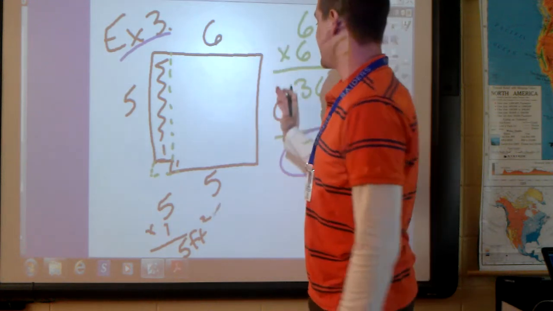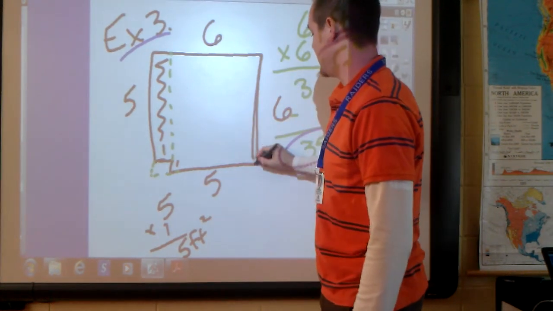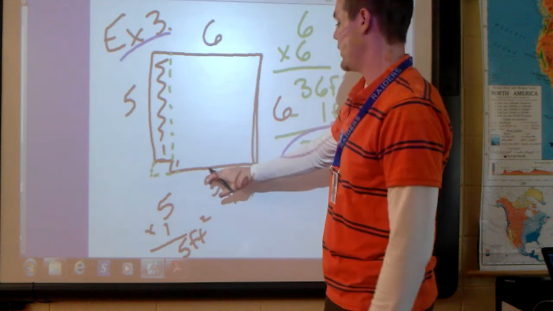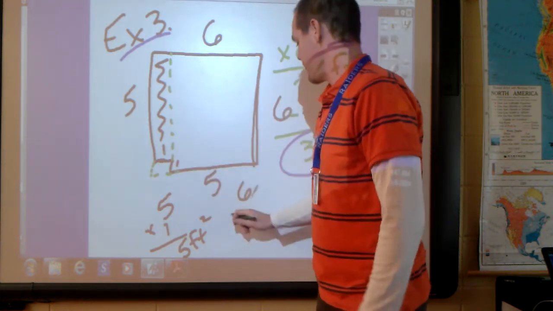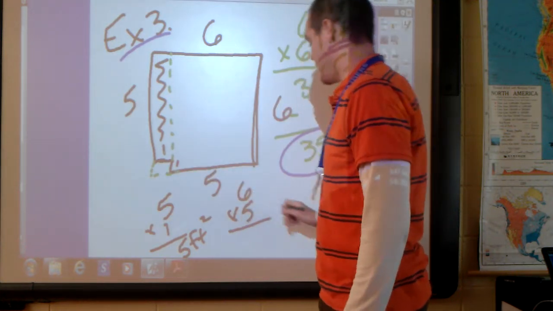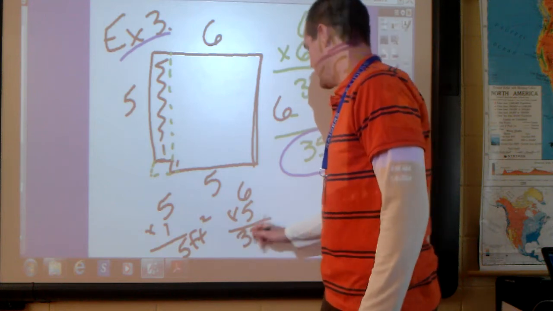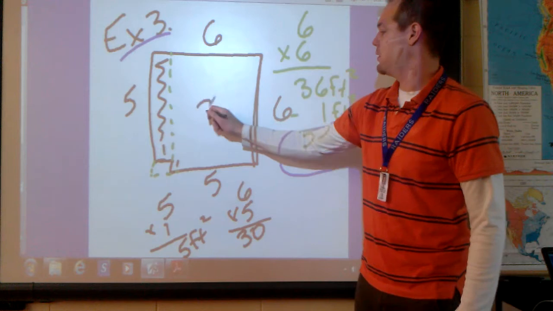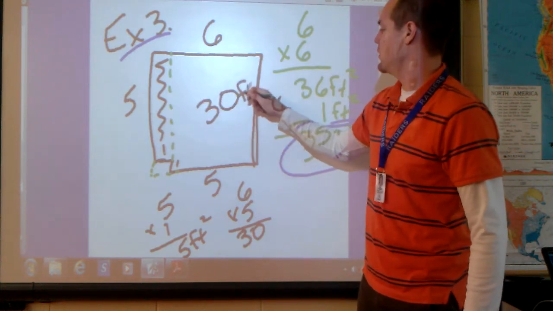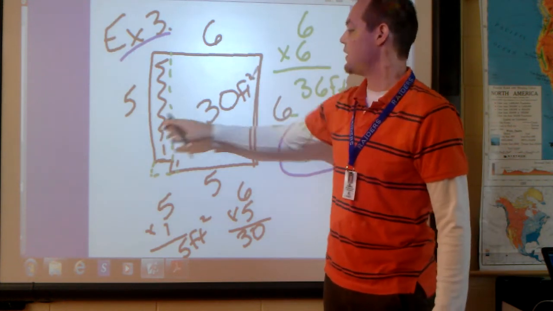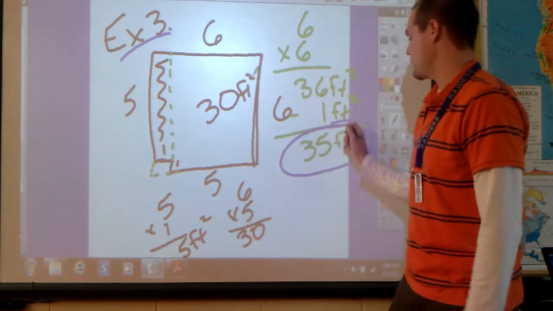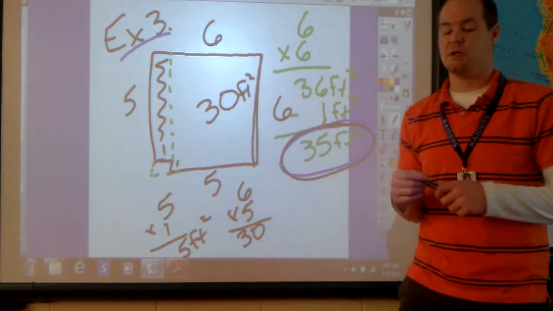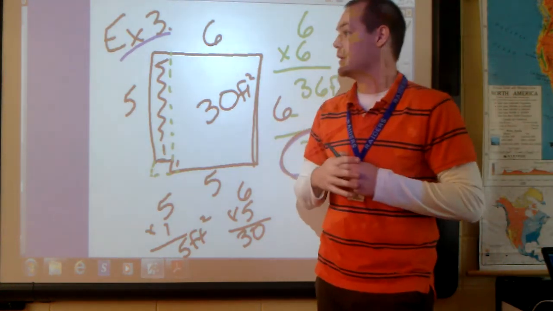Okay, now I know that my length is 6 and my width is 5. So I'm multiplying 6 times 5 and I get 30. I add 30 feet squared to 5 feet squared, and I get my answer of 35 feet squared. Okay, you can do it either way. It's totally up to you.